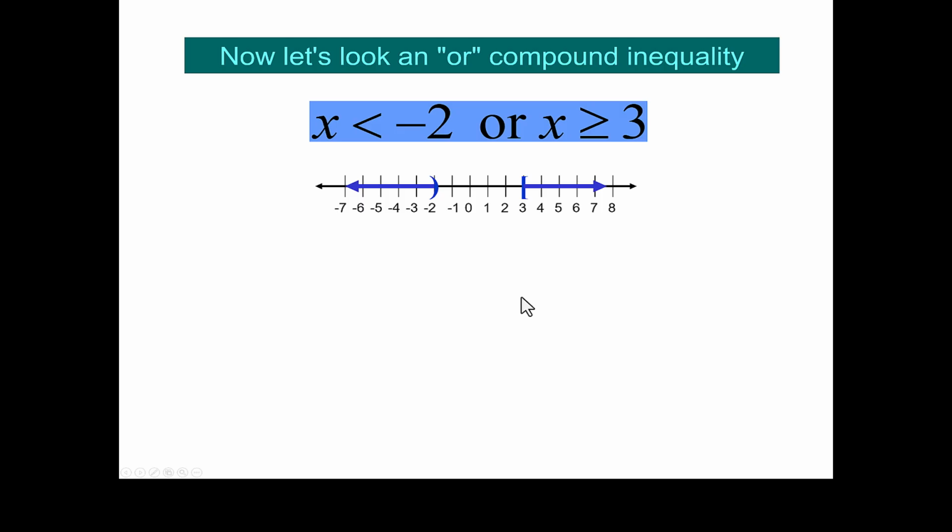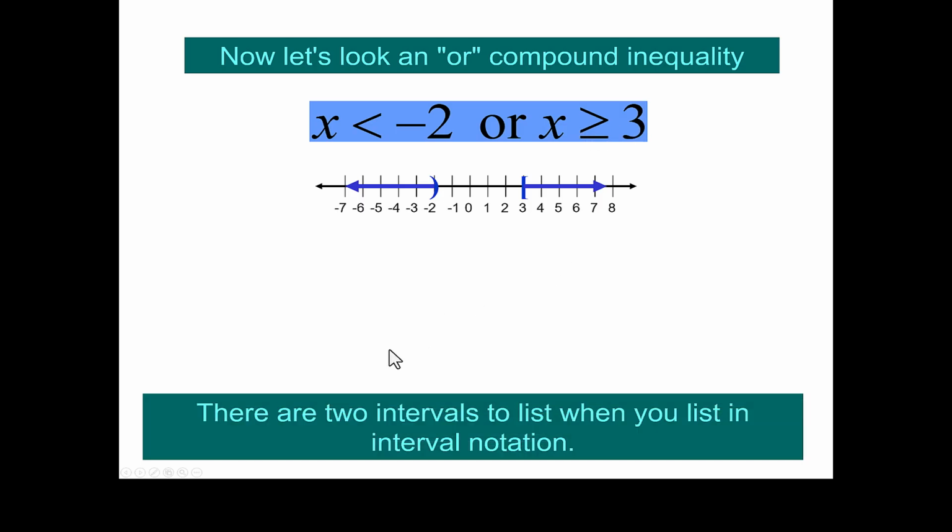Here's a compound inequality. We have x is less than -2, or x is greater than or equal to +3. There are two intervals to list when you list this solution set in interval notation. We have two sets here. We have to talk about both of them when we talk about the solution in this case.